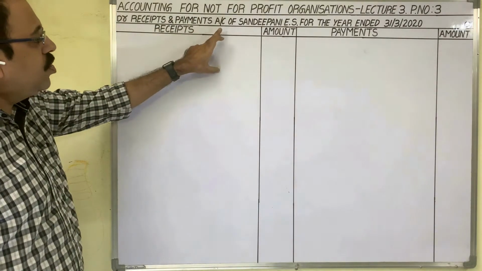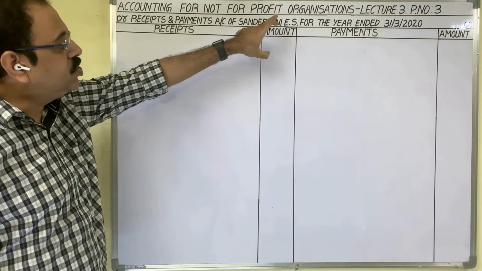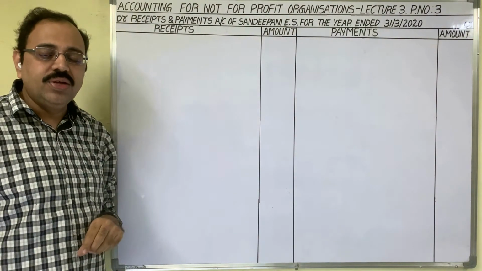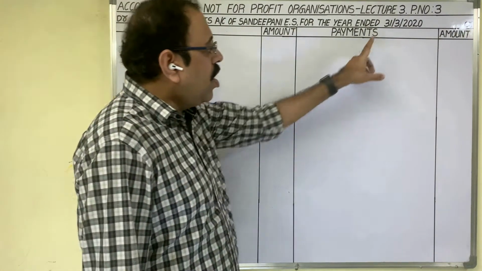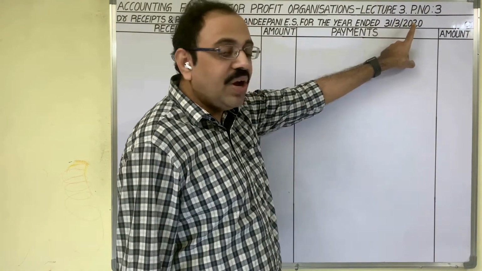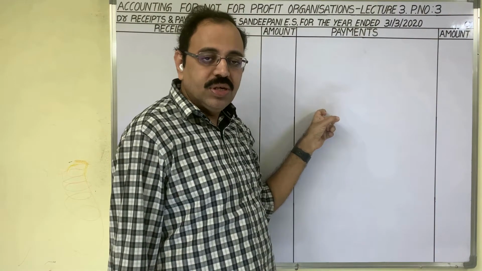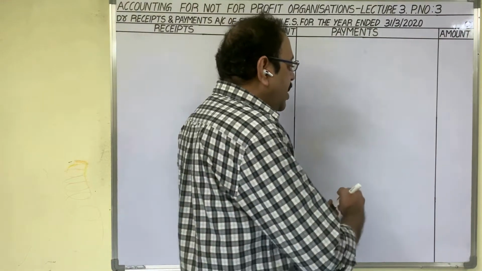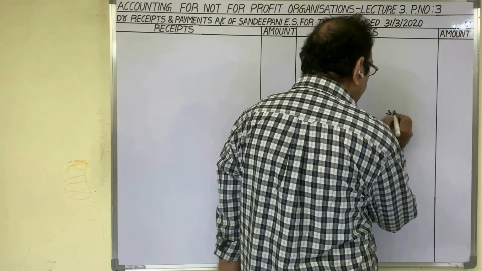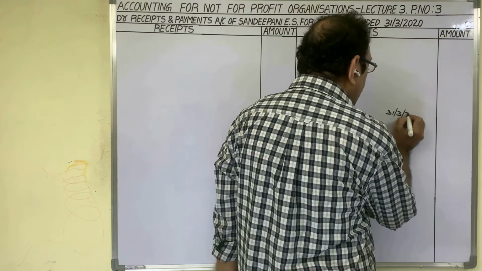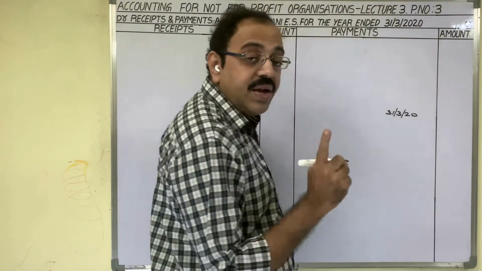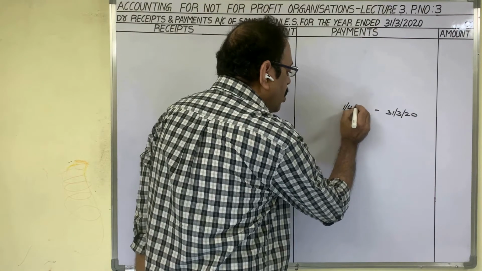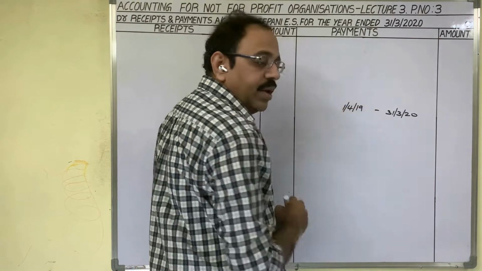Receipts and payments account of Sandeepani Educational Society for the year ended 31st March 2020. Remember the date: on 31st March 2020 we are preparing this account. This is the last date of the current year. So if the current year's last date is 31st March 2020, then the current year's starting date will be 1/4/2019.